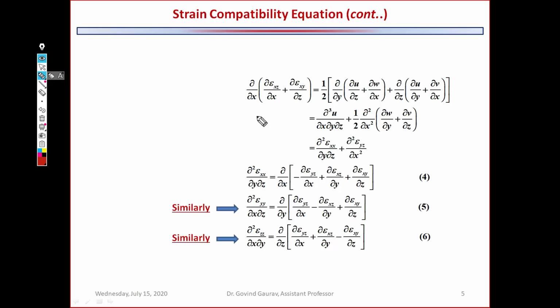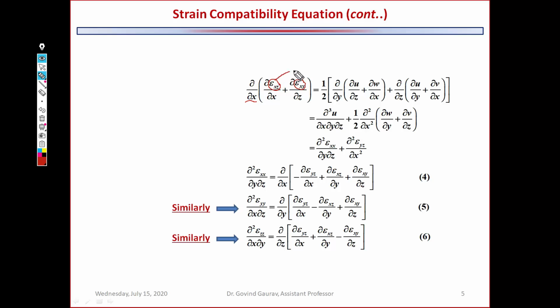The next objective would be to relate the values of the strains in the xz plane and the values of the shearing strain in the xy plane with the stresses that are acting in the x direction and the stresses that are acting in the y direction. In order to do this, we will differentiate with respect to x in order to get an equation.